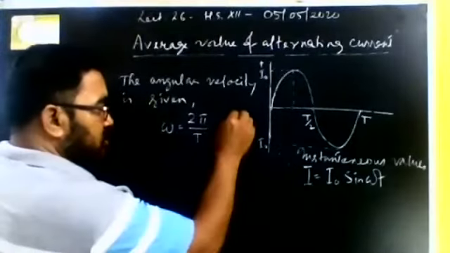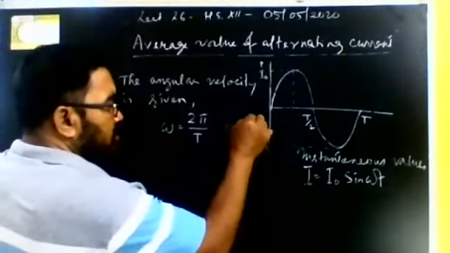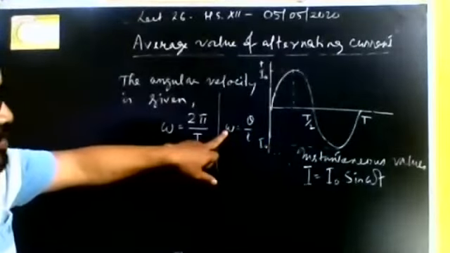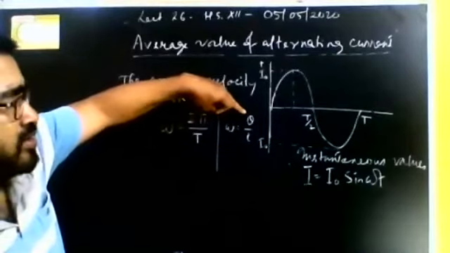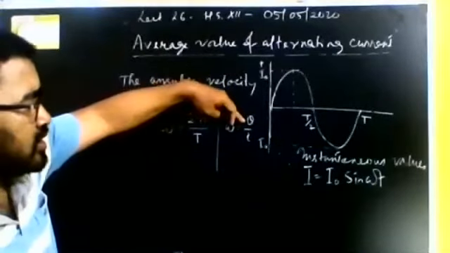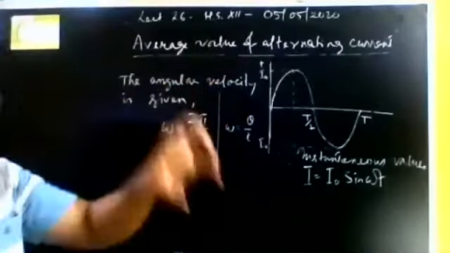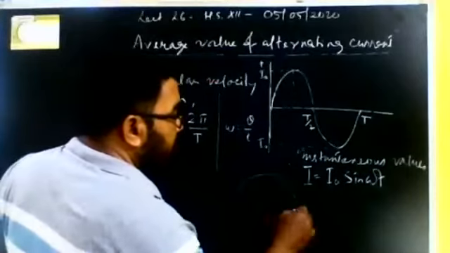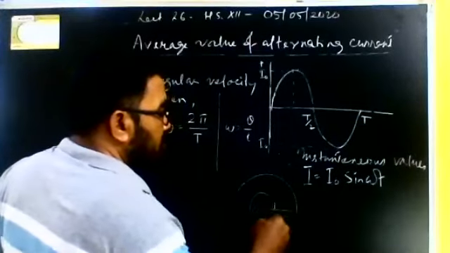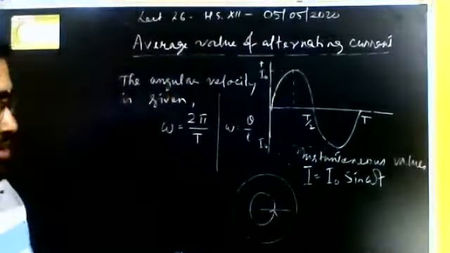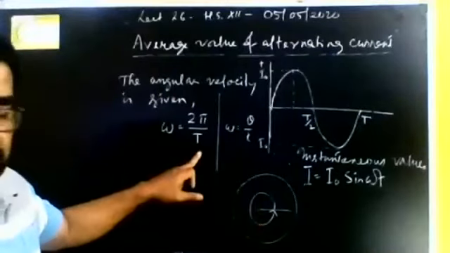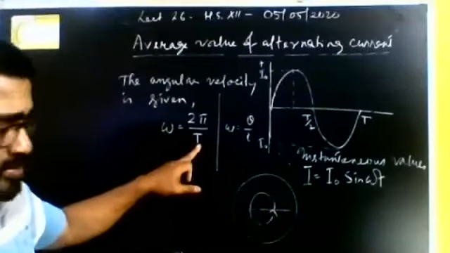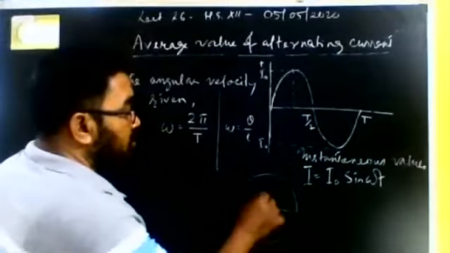Angular velocity is equal to theta by t, right? Angular velocity is nothing but the rate of change of angular displacement. So what is theta for a complete cycle? If a body rotates and completes one cycle in a time period capital T, what will be the angle at the center?